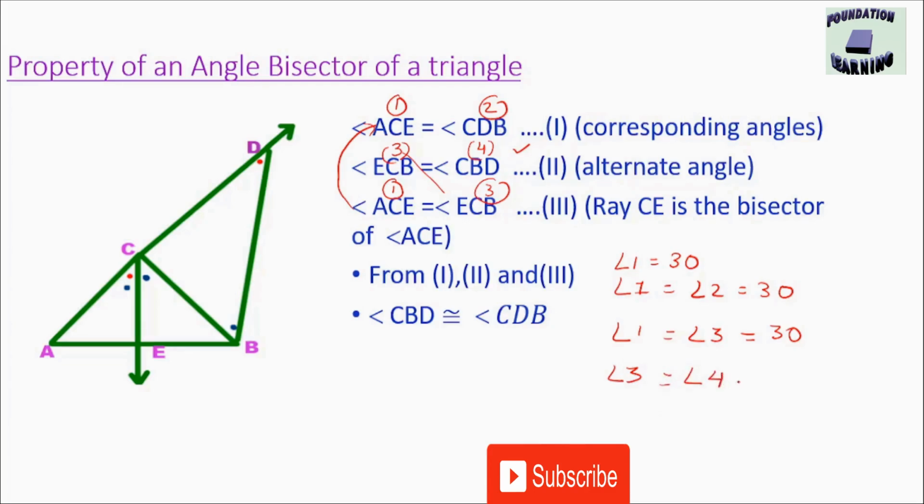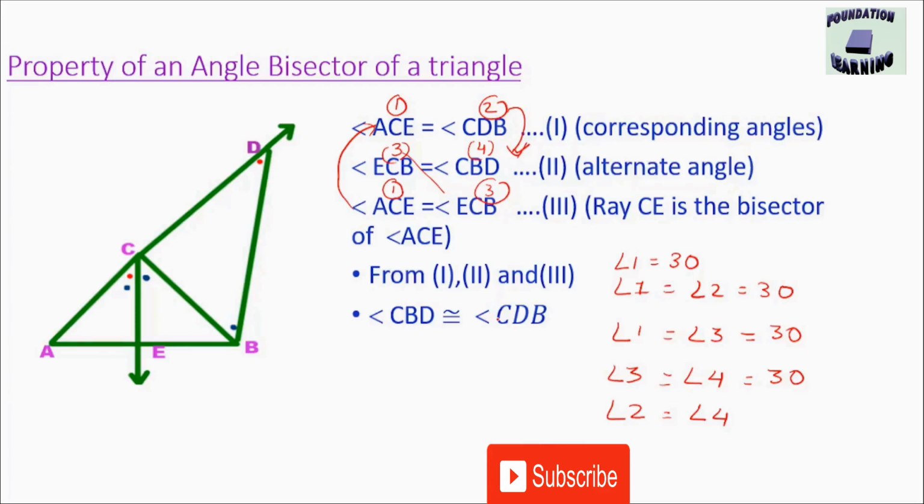Angle 3 is equal to angle 4, which is also 30. Now what can we draw from here? That angle 2 will be equal to angle 4, because everything is 30, right?